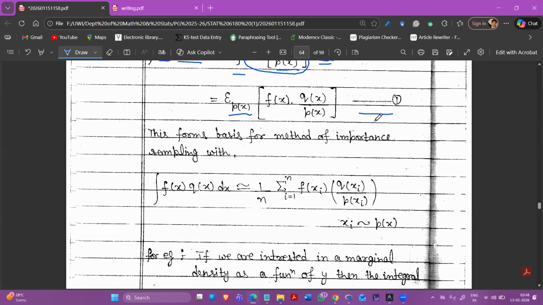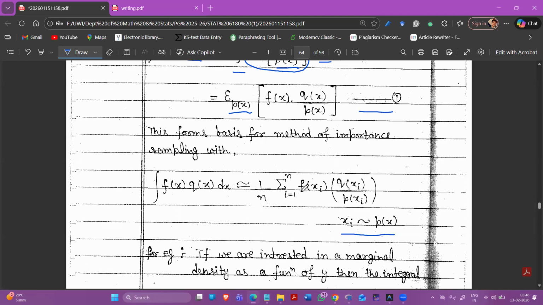approximately equal to 1 upon n, summation i goes from 1 to n, f(xi) into q(xi) divided by p(xi), where xi follows the distribution p(x). It means what you need to do right now to solve this integral is generate the values of x from p(x), and then put those values into these three functions f(x), q(x), and p(x), and for large n, you need to find the average.